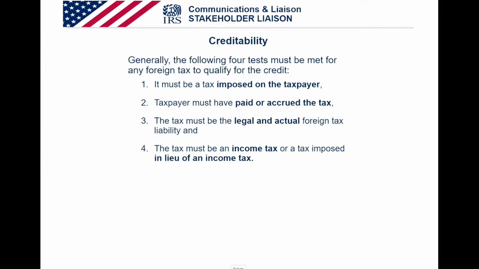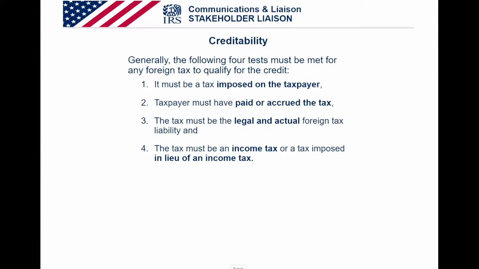So therefore, we need to be aware of whether a tax treaty exists and ensure that the amount of tax used for the FTC computation is computed at the treaty rate and not at the statutory rate. And we'll talk more about this issue in a couple of minutes.